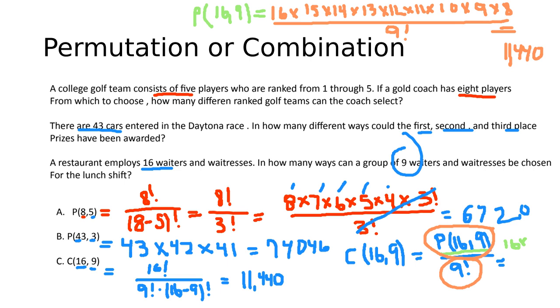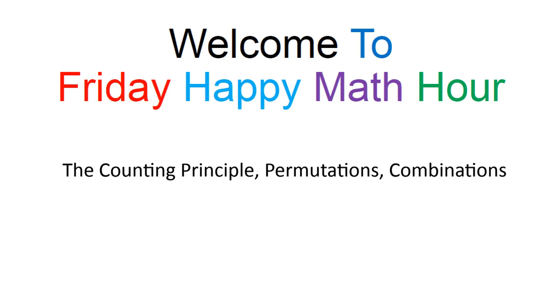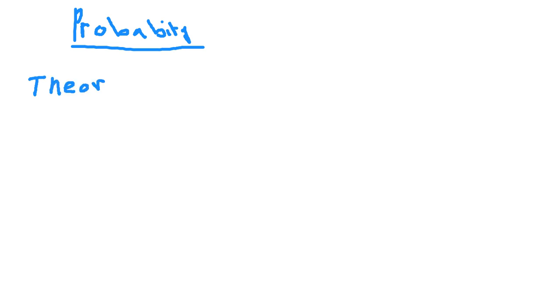So for probability, this is from 12.3. There's different types of probabilities. You have something called theoretical, and something called empirical.